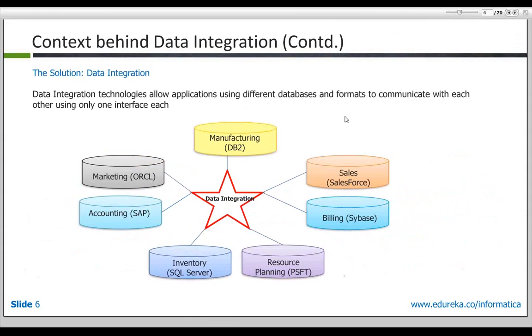So this data integration you can also refer to as a data warehouse, wherein we are fetching the information from all the departments and storing it in one place. And from this data warehouse, we are doing the reporting and showing the reports to the different sets of users.